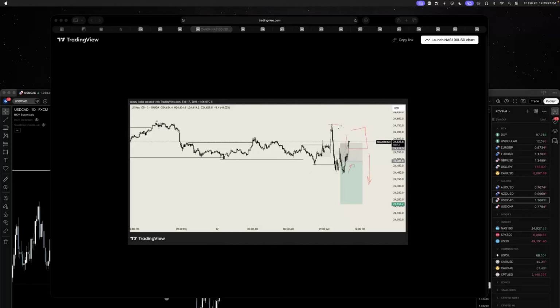Why? Because we're within the premium. We have an internal sweep here, which causes us to be internally bullish. So if we're internally bullish, then I need to see some type of bearish failure to go higher. I wouldn't want to take that.